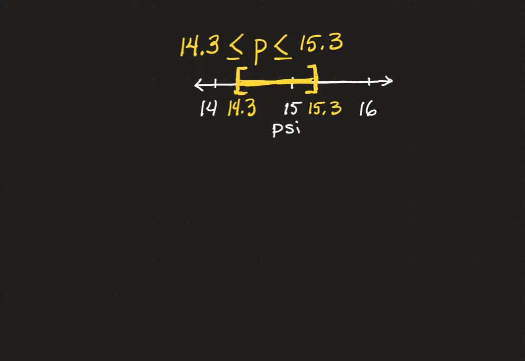It would only be between and including those endpoints. So we could graph it that way. This is an AND statement. It has to be between 14.3 and 15.3.